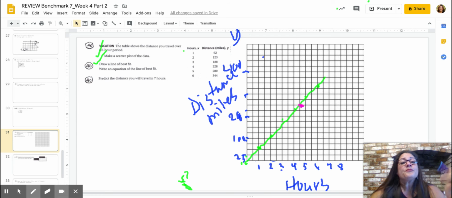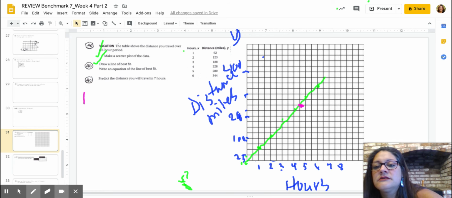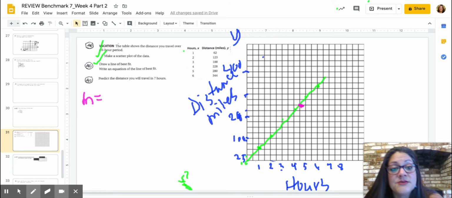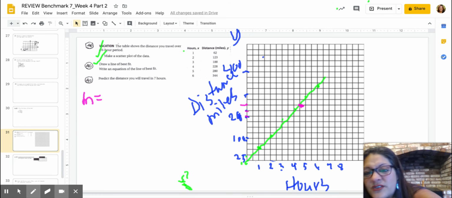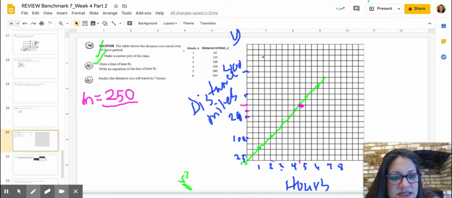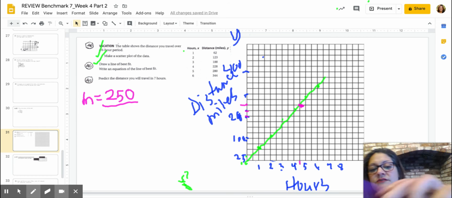So rise over run. My rise to this line here is, here's 200, 225, so 250. So that's going to be 250 miles, over 4.5 hours. So that is my slope.